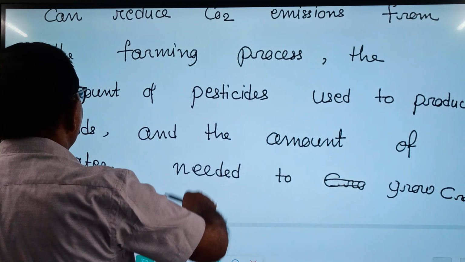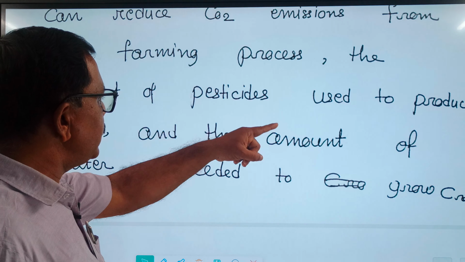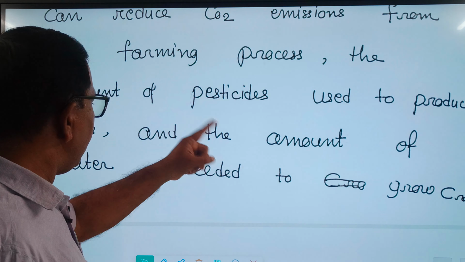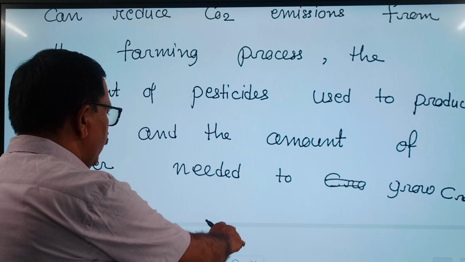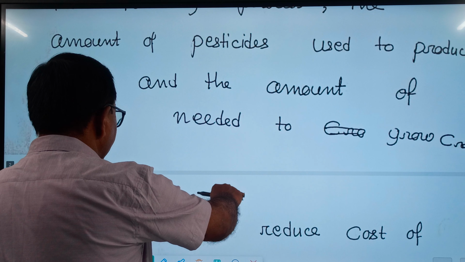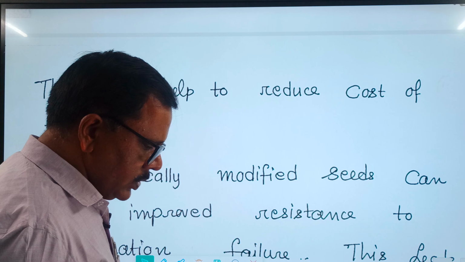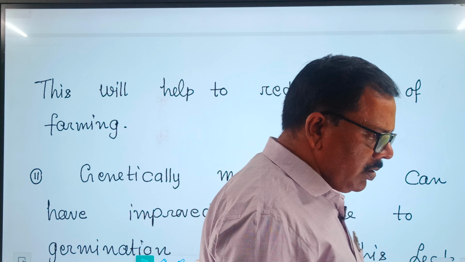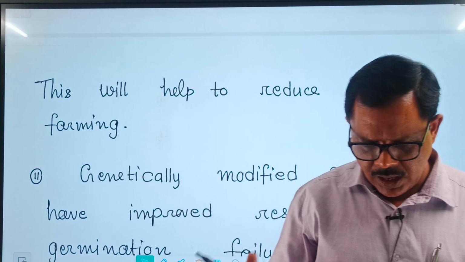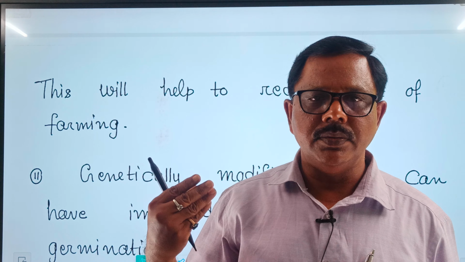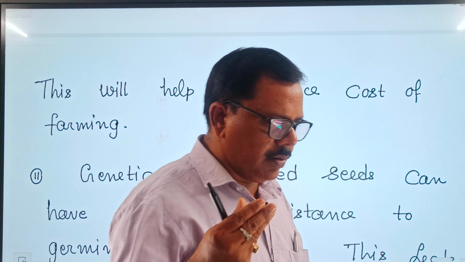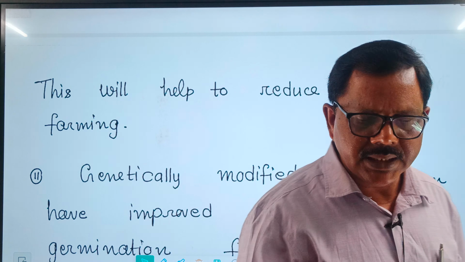Later you write, the amount of pesticides used to produce food and the amount of water needed to grow crops. This will help to reduce the cost of farming. In this manner, biotechnology is helping farmers toward more cultivation and more profitable conditions.